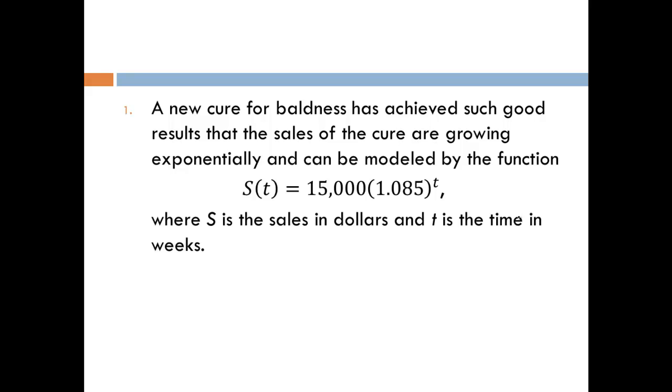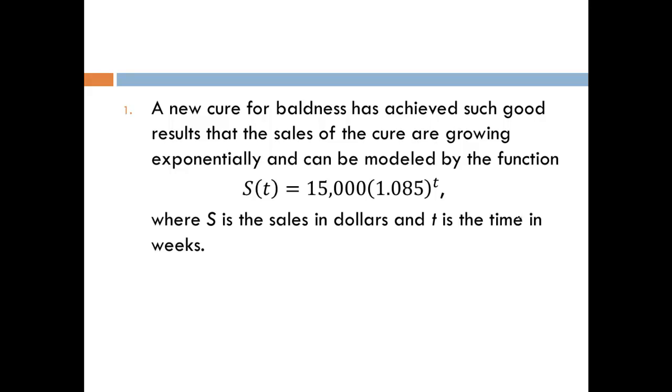For our first example, let's consider a new baldness cure that has achieved such good results that the sales of the cure are growing exponentially and can be modeled by the function s of t equals 15,000 times 1.085 raised to the t power, where s is the sales in dollars and t is the time in weeks.